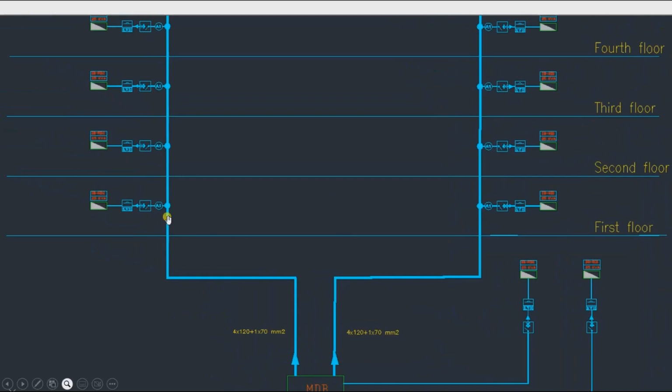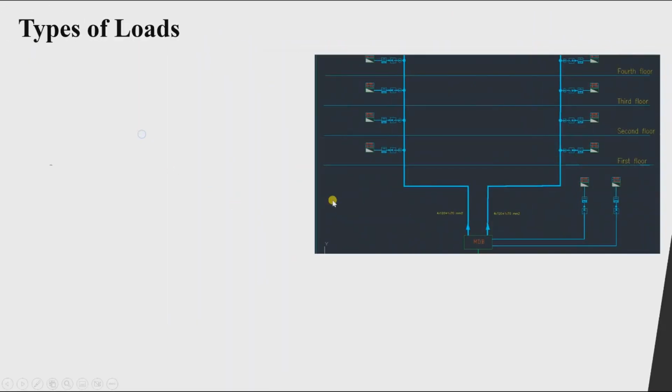So the demand factor is applied between similar loads, such as lighting circuits demand factor, power circuits demand factor, air conditioning demand factor, and so on. For the loads of different panels, different distribution boards, we apply what we call the diversity factor. This will help in sizing our transformer and our cables here.